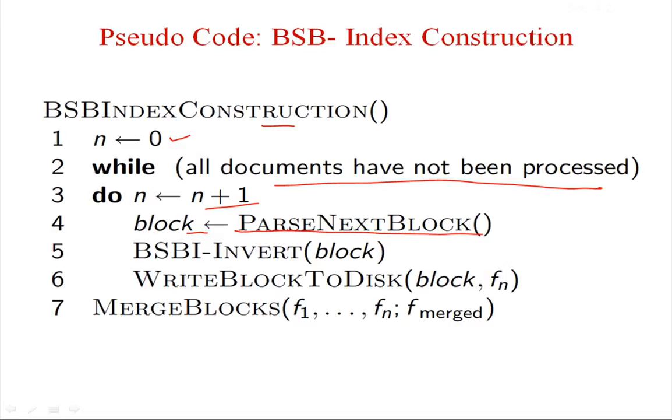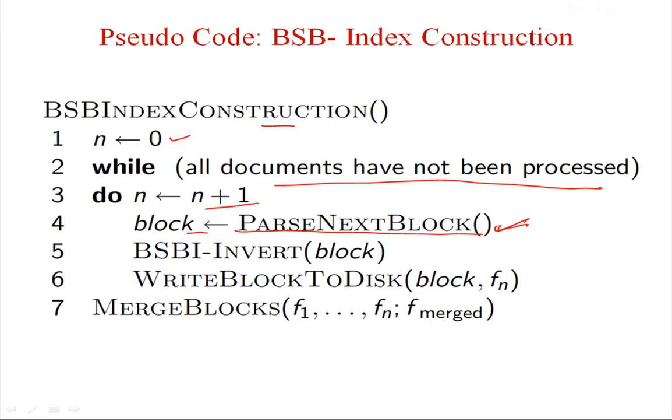If the block is full, then parse the next block, and take the next block and extract term and document ID pairs from documents and put them in the next block. Repeat this process till the end of all documents.